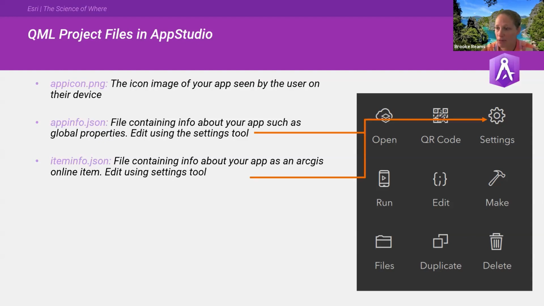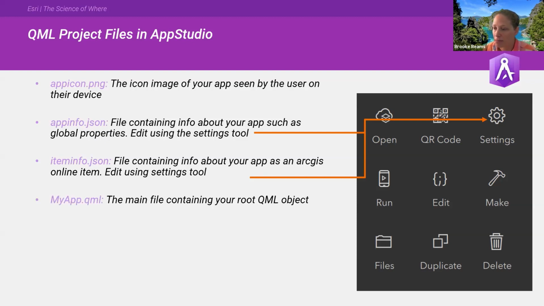And both appinfo.json and iteminfo.json can be edited using a nice user interface by clicking the settings button. So you don't need to go in and manually change those files and accidentally have a typo that might mess things up. You can just use this easy to use user interface.